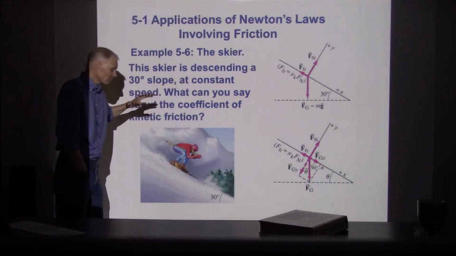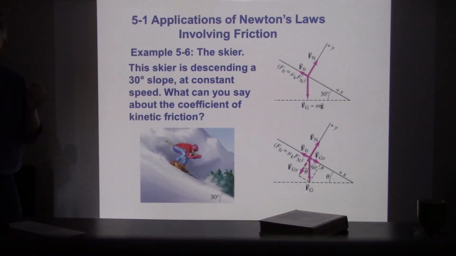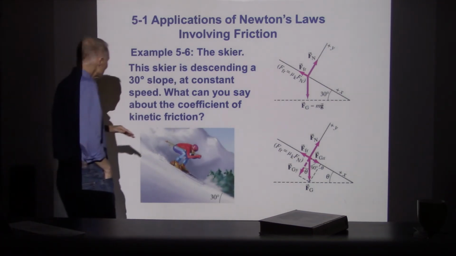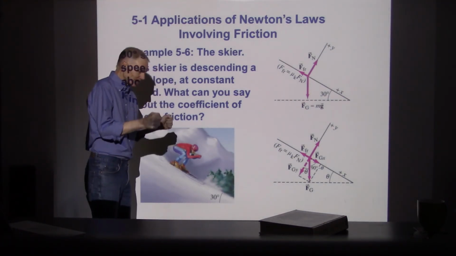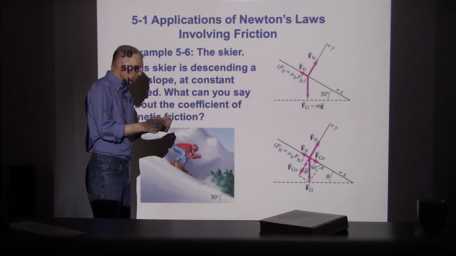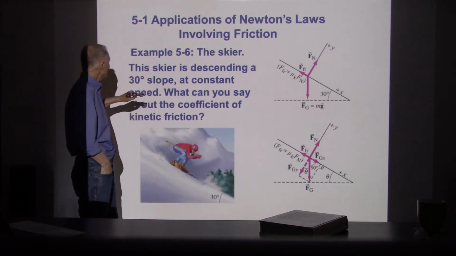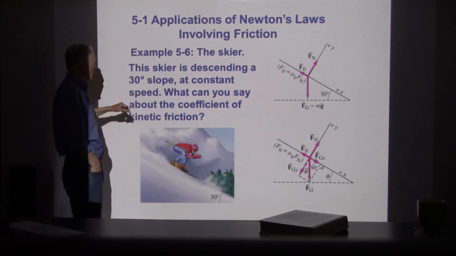Now that's good, I guess. You don't want to just go faster and faster all the way down the incline. At some point you're going pretty fast. And so this skier is going down at a steady speed. They've gotten themselves to a speed that they're enjoying, fast enough that they're having a lot of fun.